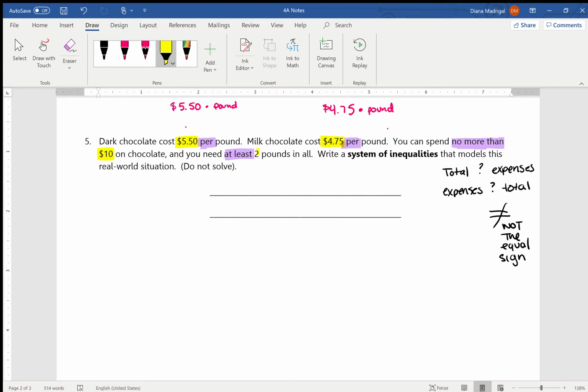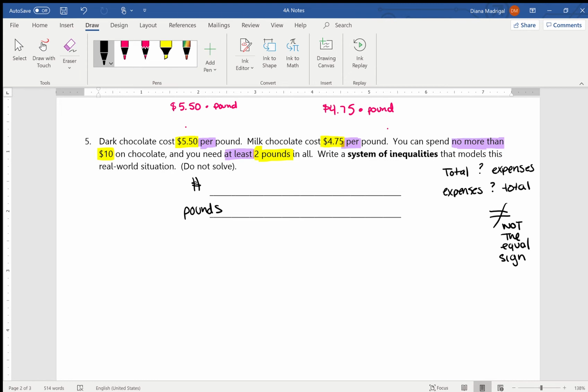And then we have 2. 2 doesn't have the money sign, so that means that it's talking about something else. Well, what is it? Well, it's 2 pounds. All right, so there you go. I have enough information to know what kind of two inequalities I'm going to write. The first one has to be about money, and the next one has to be about pounds.